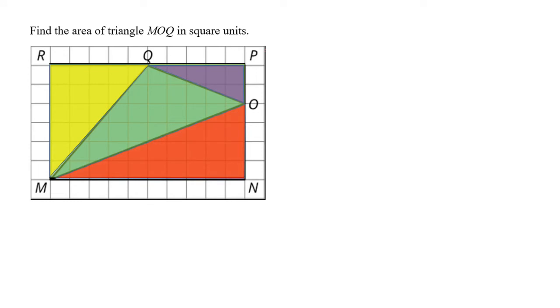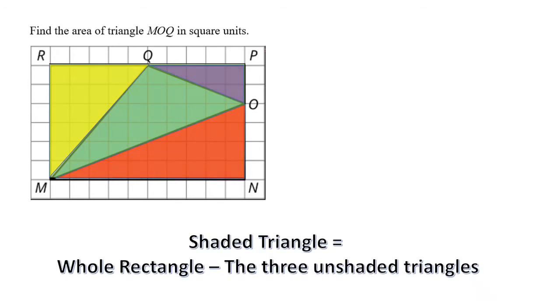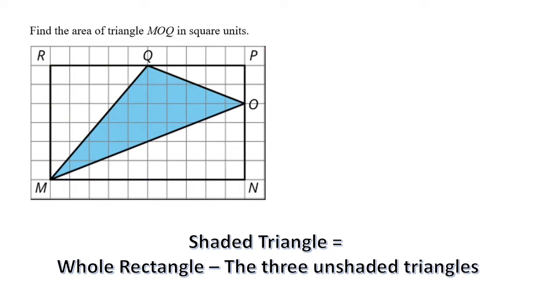So I do have three right triangles whose measurements are right on the grid paper, so I could determine the area of that entire rectangle and then simply subtract out those unshaded right triangles, and by doing that, the full area of that rectangle minus those unshaded triangles will leave me the leftover, which is the shaded triangle. So that's how you have to attack this problem here.